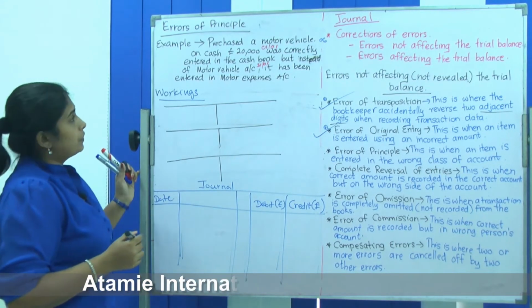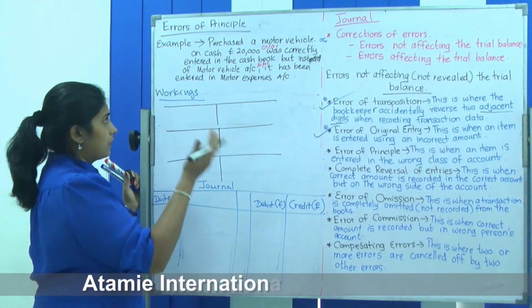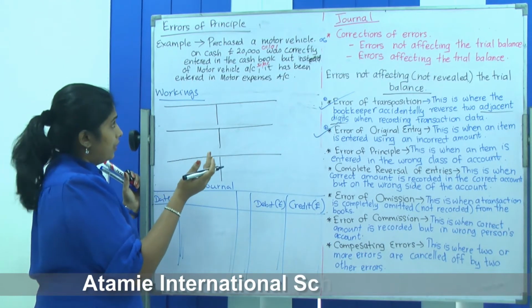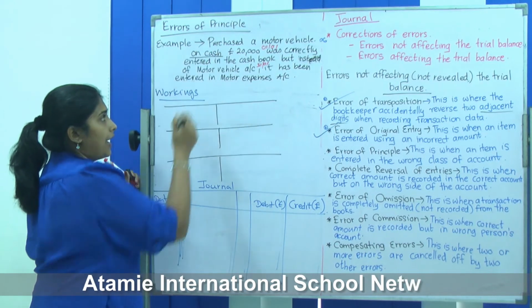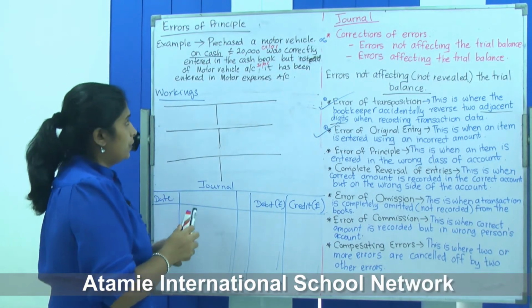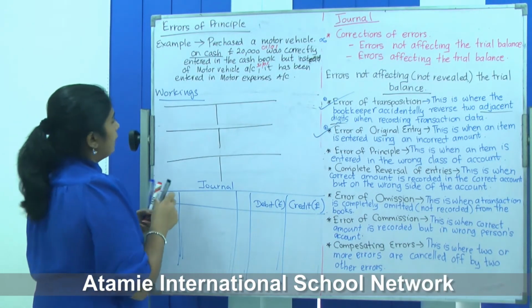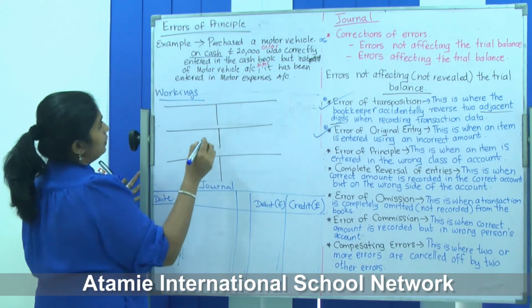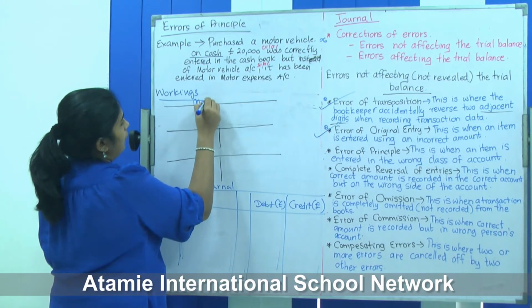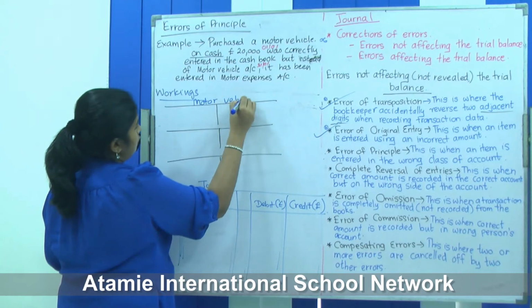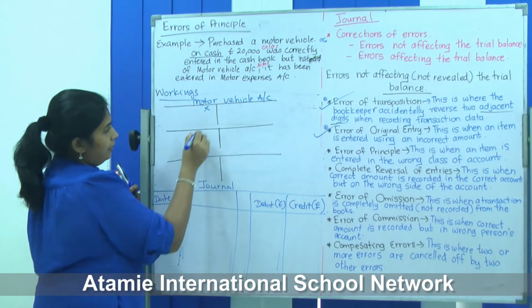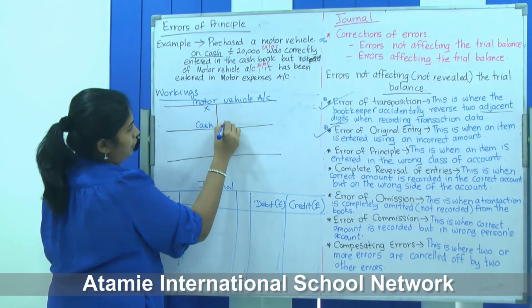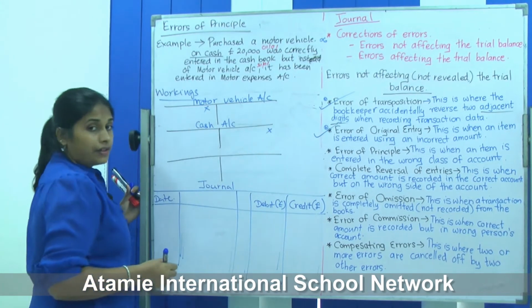So when you purchased a motor vehicle, the motor vehicle increases, so it will be recorded in the motor vehicle account on the debit side, and when you are using cash to pay, it will be credited to the cash account. So actually what you have to do is, motor vehicle account should be debited and cash account should be credited.